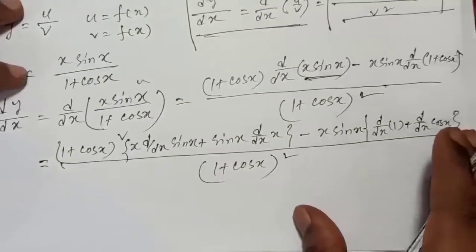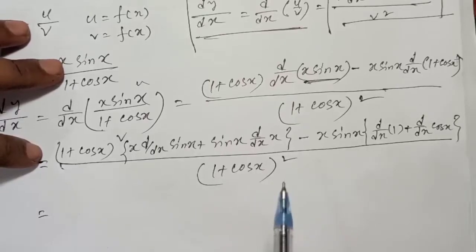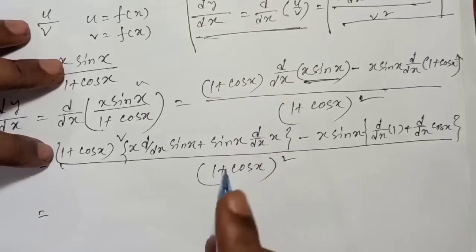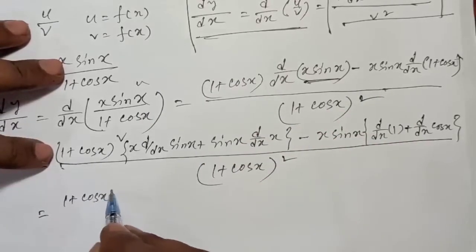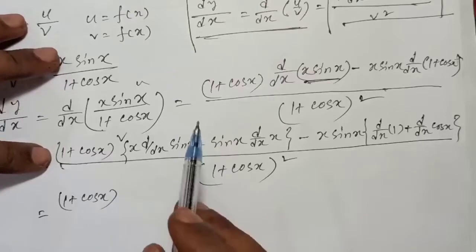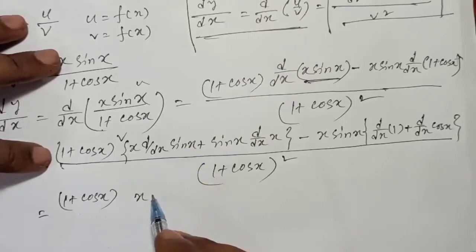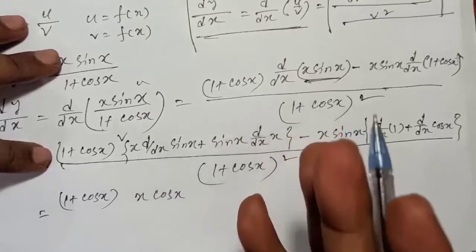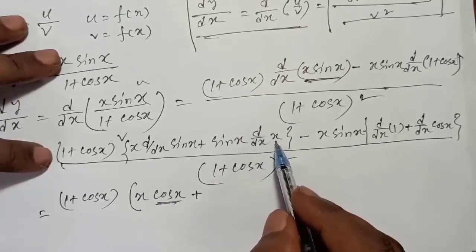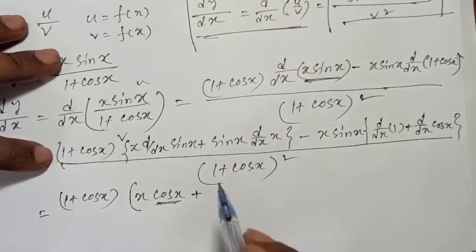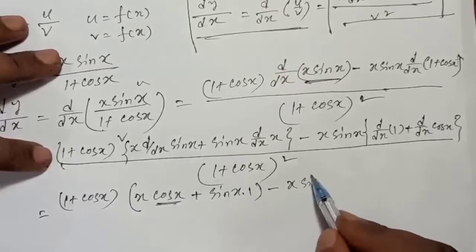So now I am just going to do the answer, I mean the formula part, I will not go all through the way. So 1 plus cos x, then x d/dx of sin x equal to cos x, from where it has come, from the formula. So plus, the derivative of x will be 1. So here it will be sin x into 1 minus x sin x.